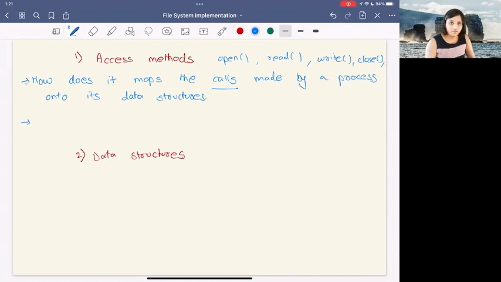So which structures are we using to read and write during the execution of any particular system call? That would be a very big entity in deciding how well this file system performs, or how reliable this file system is.